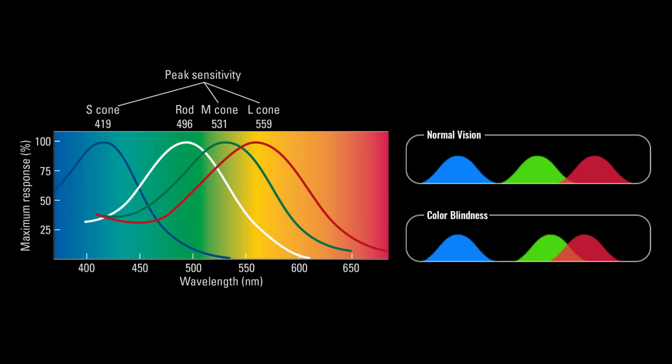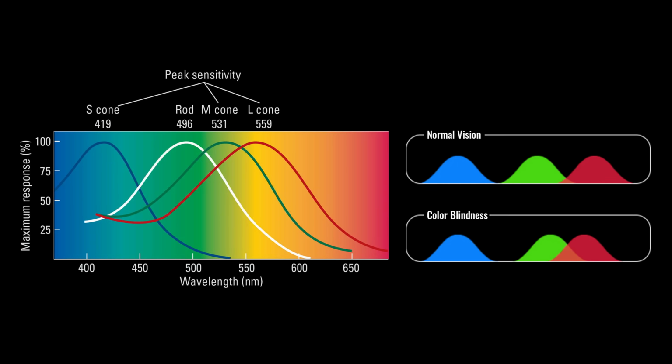Now, cones themselves come in three types, and if you will, each type is tuned to a different region of the visible spectrum. So at the beginning of this lecture, we pointed out how specific wavelengths correspond to specific colors, and now we can understand why.